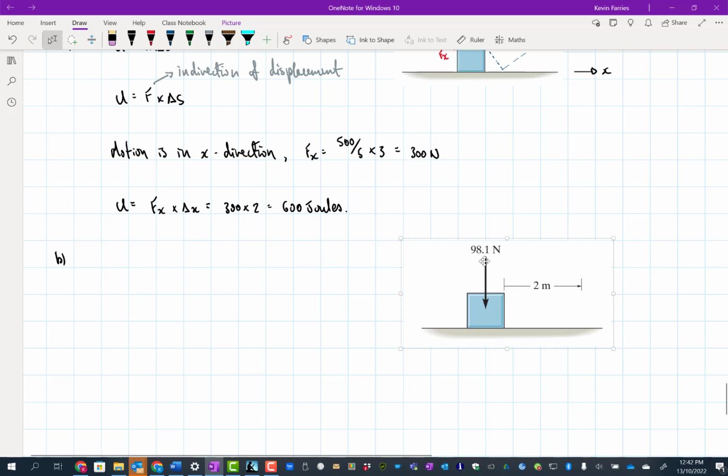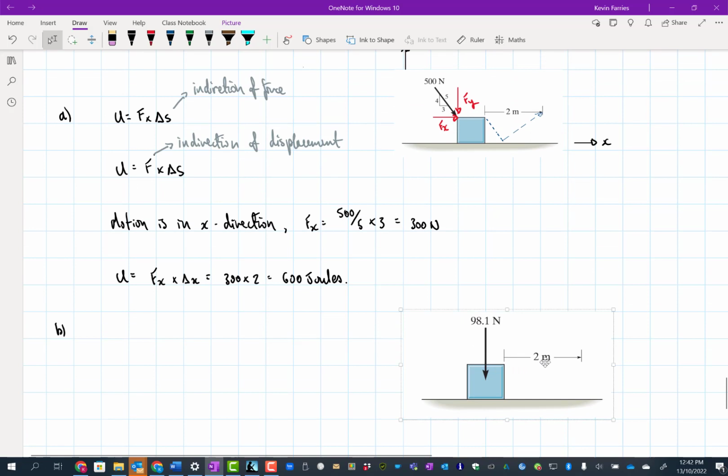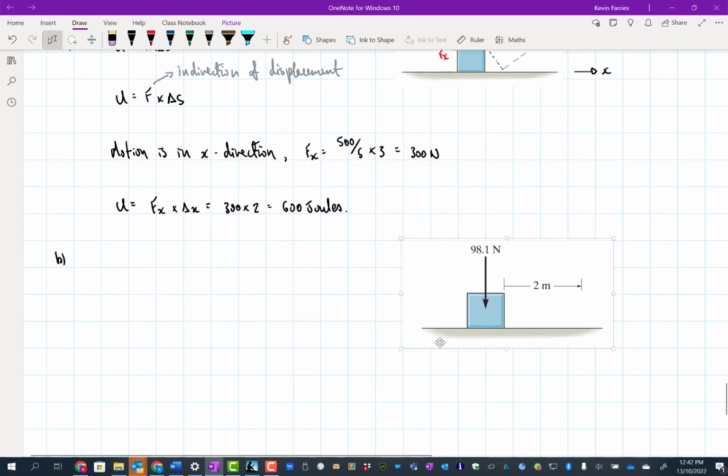So this is your gravity. It doesn't have a component in the x direction. And so therefore, the displacement, you can think of it either way. The component of this force in the direction of the displacement is just equal to 0. So we would have U is equal to F times delta, change in displacement in the direction of the force.